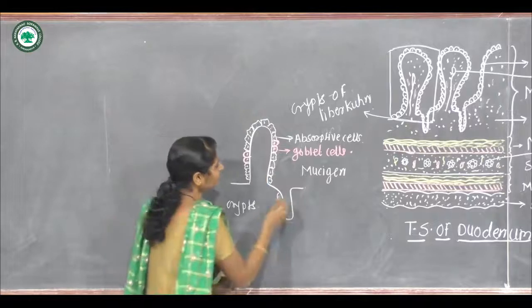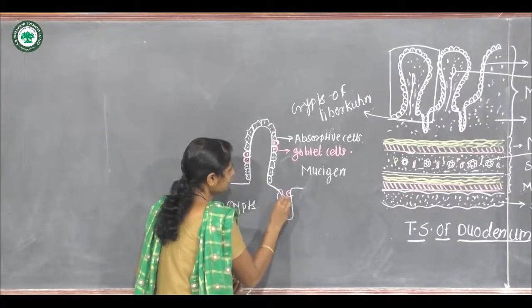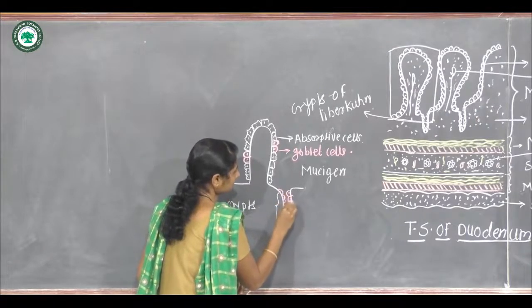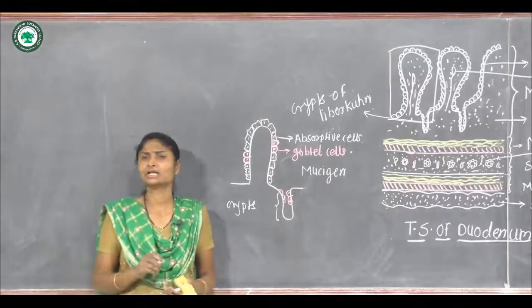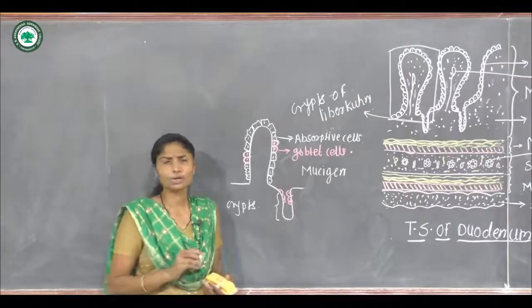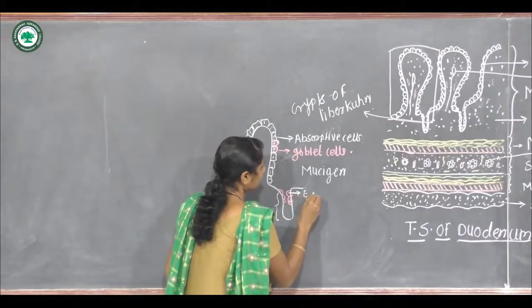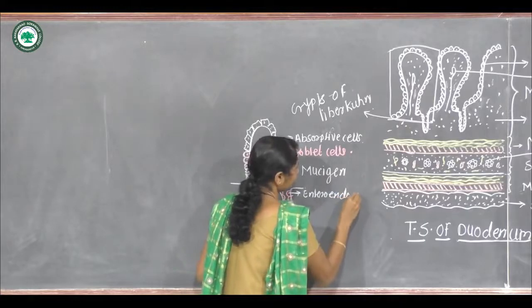Next, in crypts of Lieberkuhn, there are again different types of cells. Here argentaffin cells are present. These argentaffin cells are also called enteroendocrine cells.